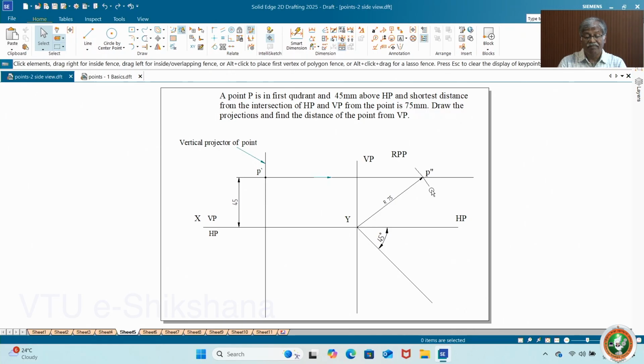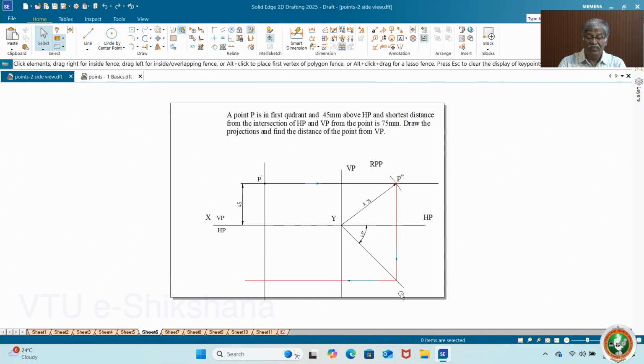This is the front view, this is the side view. This is the reverse procedure. Normally we have the front view and top view, and then we get the side view. Here the side view is available, the front view is available. Then we have to project back, which leads to the identification of P here. So it is a reverse procedure. Draw this line.